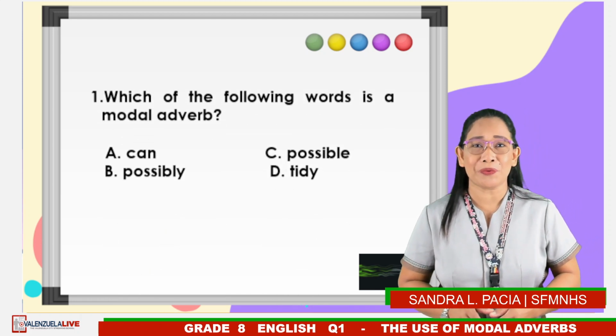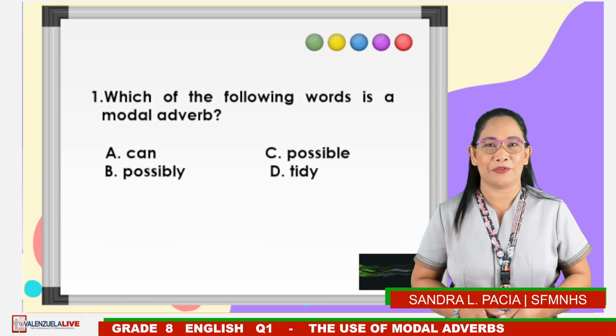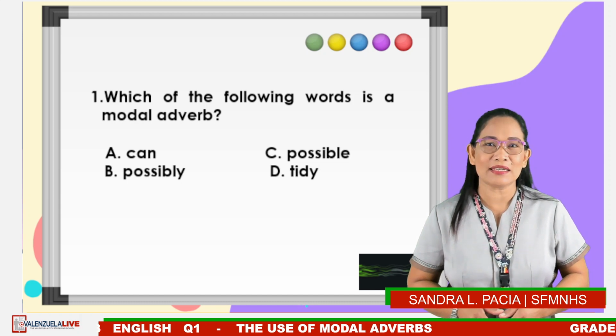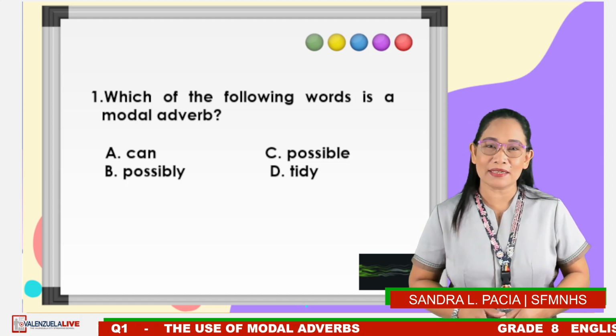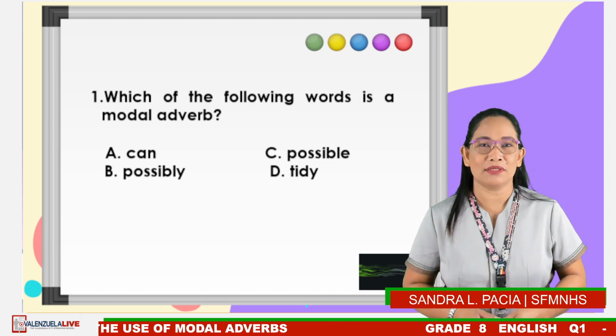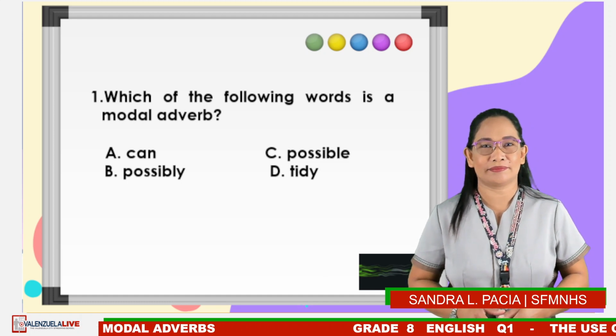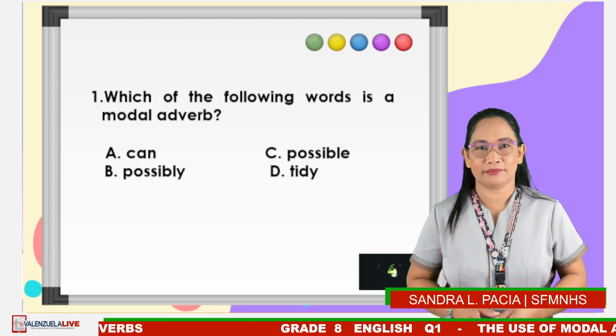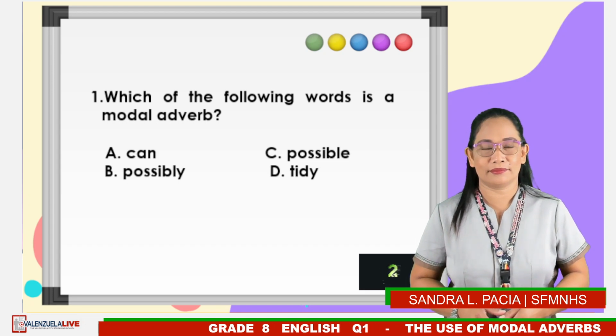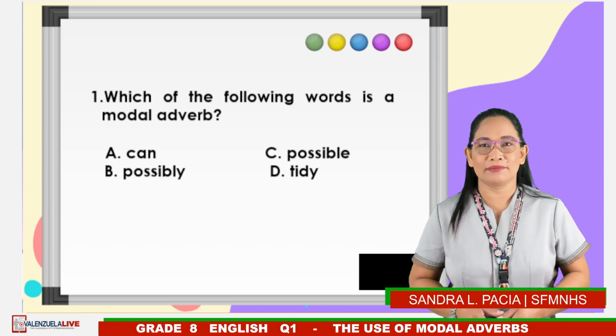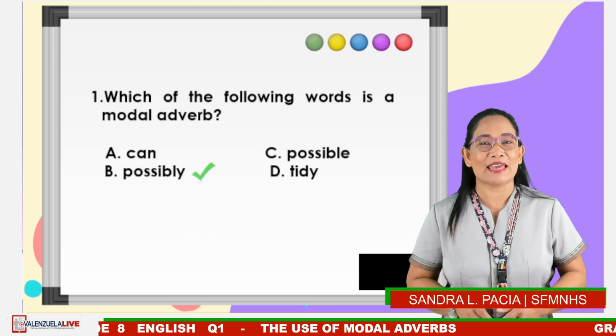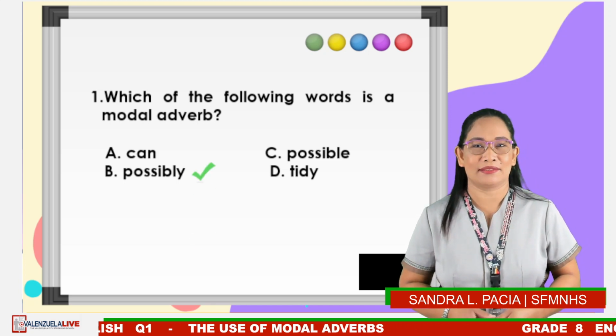Which of the following words is a modal adverb? A. Can. B. Possibly. C. Possible. D. Tidy. And the answer is letter B, possibly.